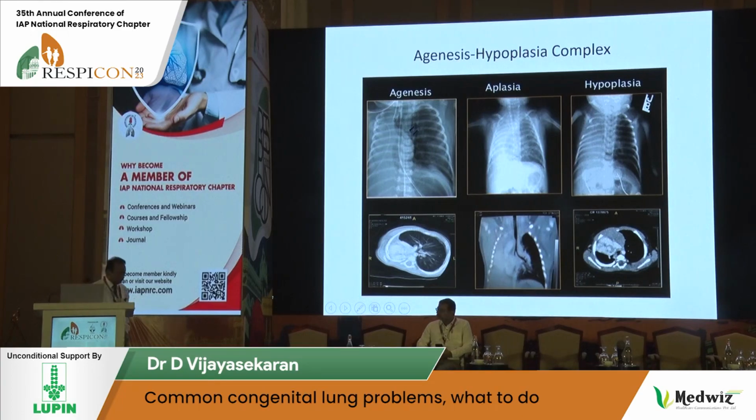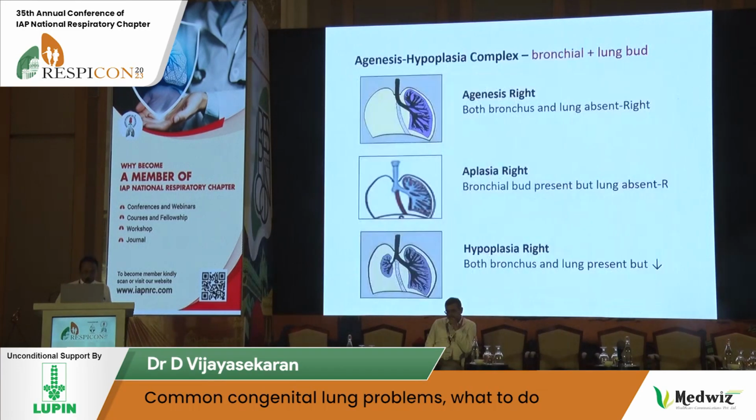Can you see the marker? Anybody? Okay, that is a way you can make a difference. Most of the time you confront hypoplasia. When you see the lung, then it may be a hypoplasia. Whereas in agenesis, you could not see it, and there is a total shift of the structures to the other side.